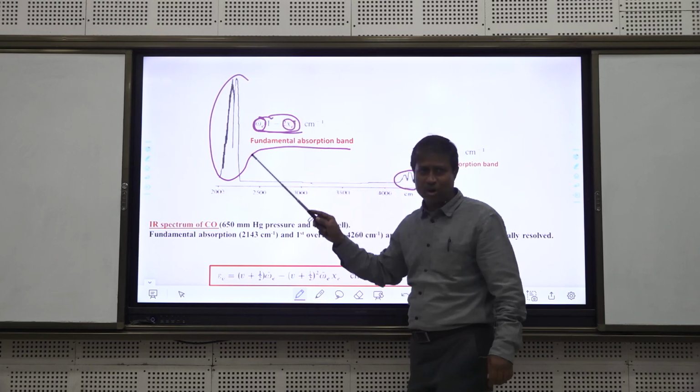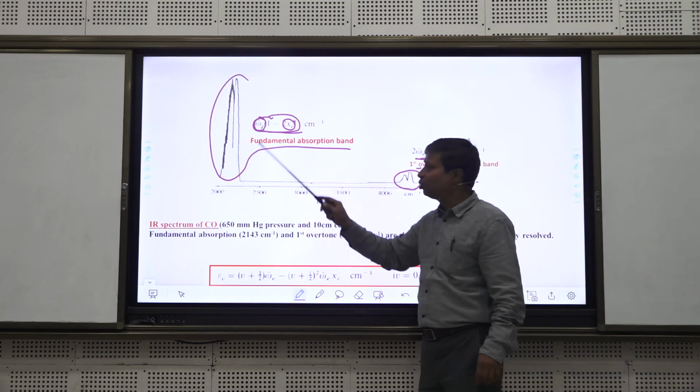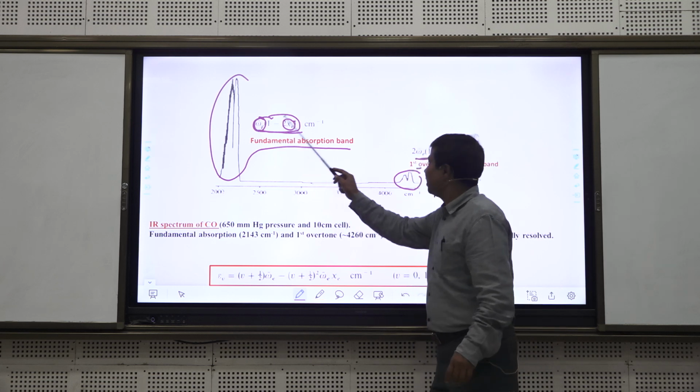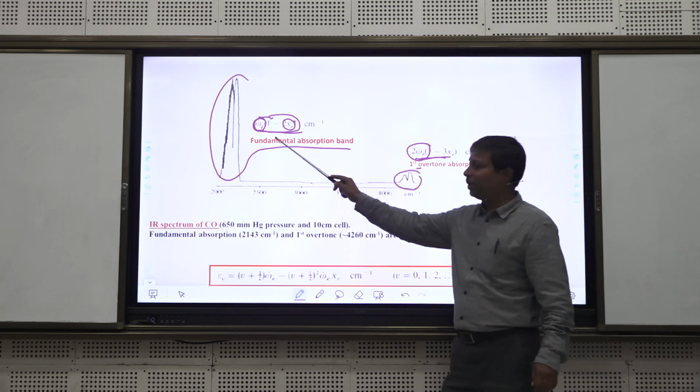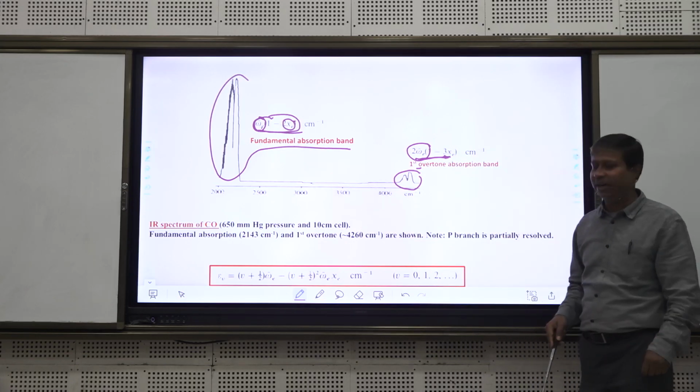Xc is a very small quantity, 0.01, while the frequency is of the order of 1000. And the first overtone comes at double of omega E minus some small amount.